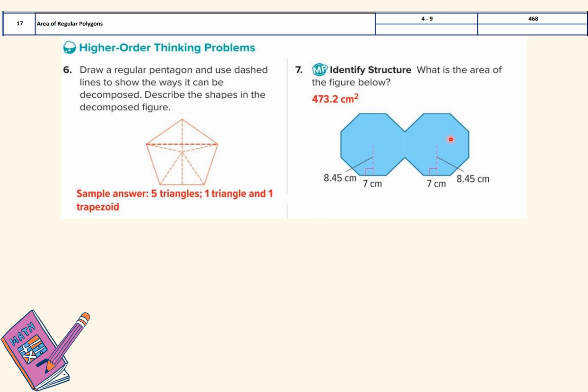And then finally, we will multiply the area of one octagon by 2, since we have two identical octagons. So the final answer that you should reach is 473.2. Hopefully it's clear.